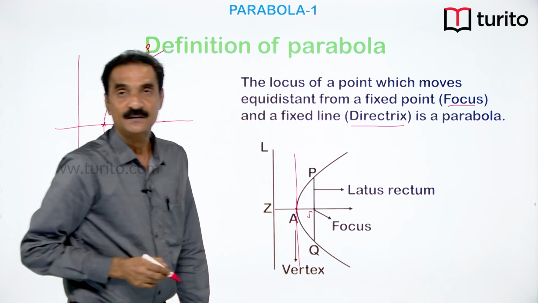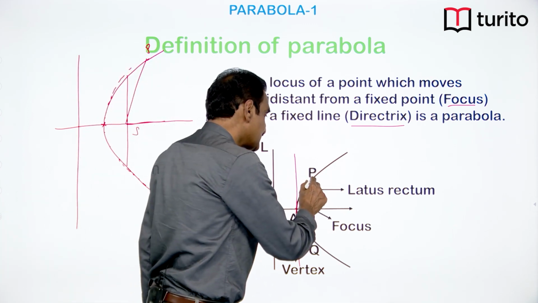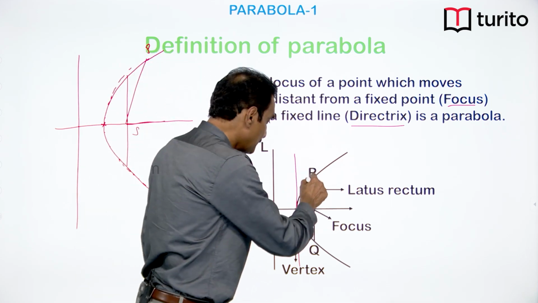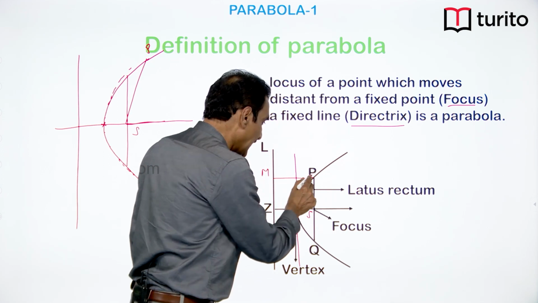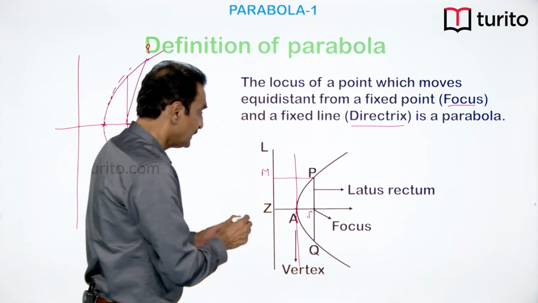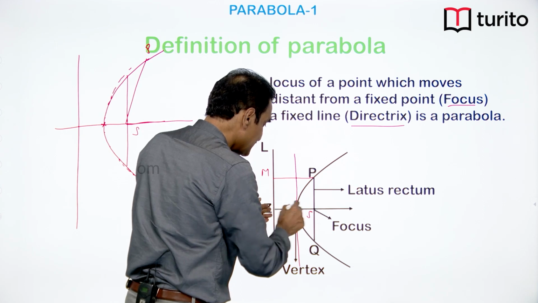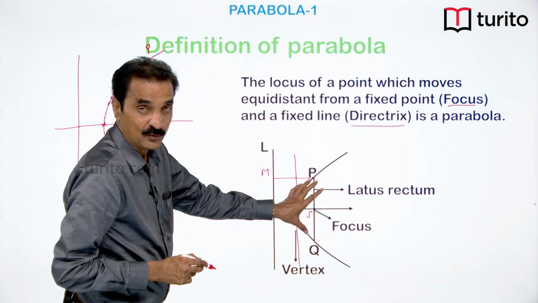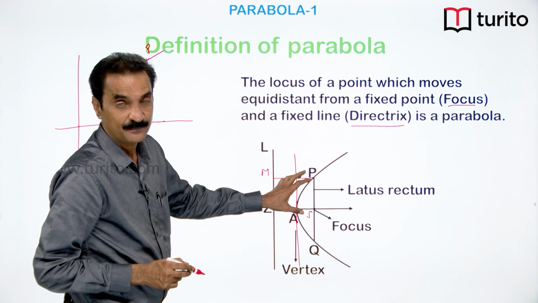Okay. Next, this is the latus rectum PQ, and P is a point on the parabola. So, SP will be equal to PM and PM will be equal to ZS. Okay. Therefore, SP will be equal to ZS and PQ will be 2SP, is it not?